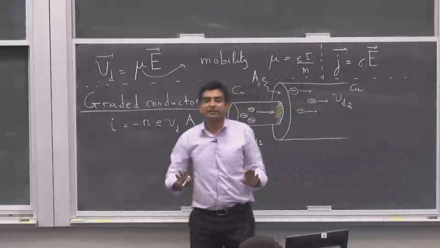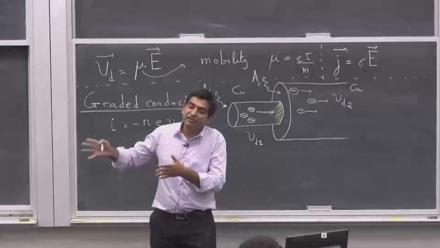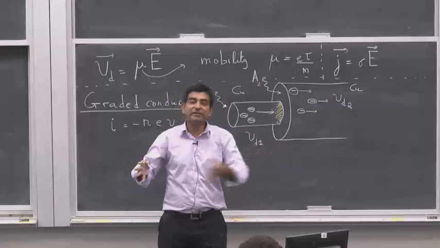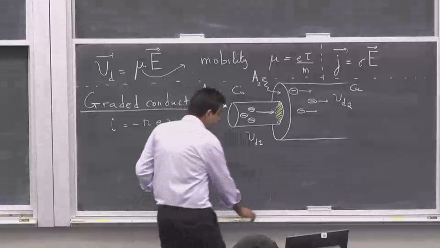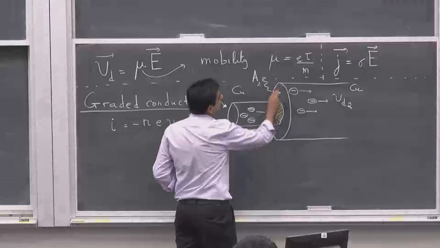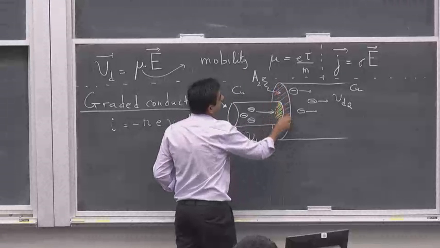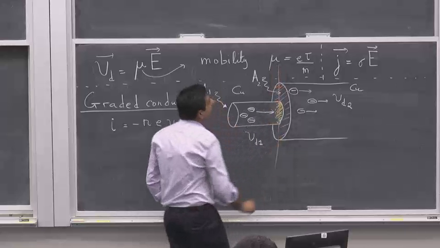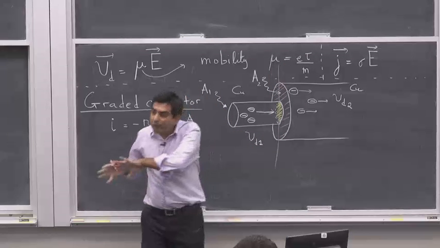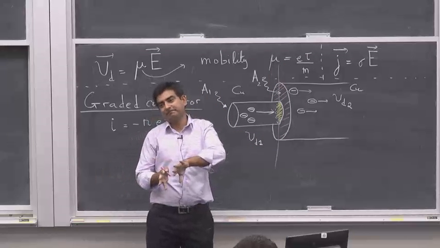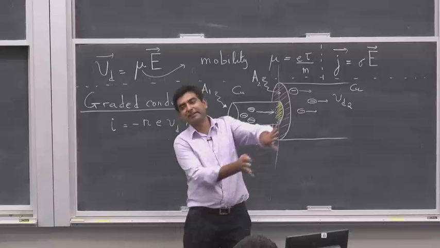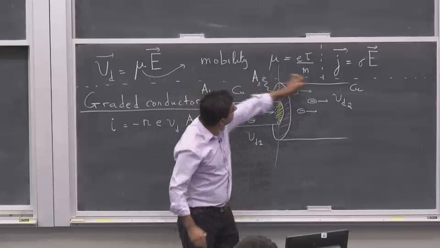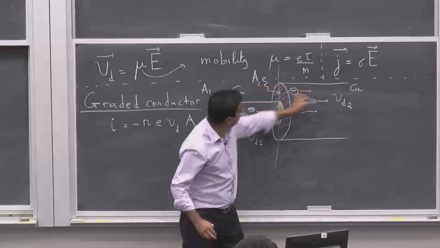So is the number of electrons approaching the same as the number of electrons that are leaving this interface? No, they're not. The interface is this one. So if you look at this entire plane, there are fewer electrons that are coming into the interface than there are electrons that are leaving this interface, because electrons are also leaving from all of these points.